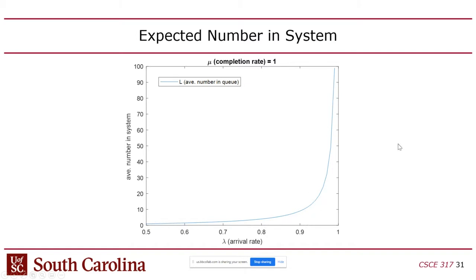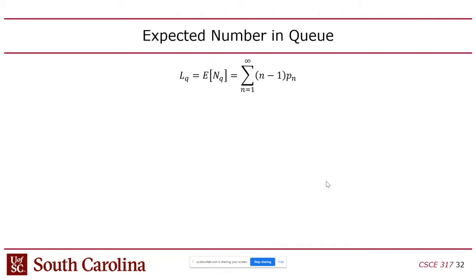Keep in mind that all the values of lambda I'm showing here are less than mu, meaning my rate of arrivals is less than the rate of completions. But even so, as I get closer, the number of customers, requests, or whatever in the system increases quite dramatically.